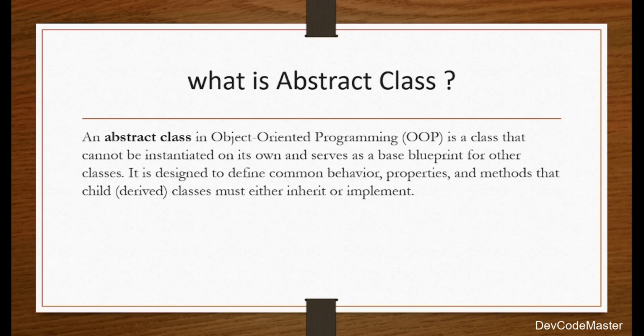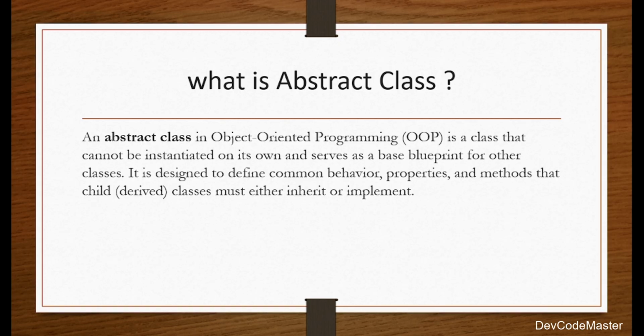An abstract class has some rules. First, at least one method must be an abstract method. Normal methods are also accepted inside an abstract class, and every abstract method must be implemented in the child class, meaning the inherited class.